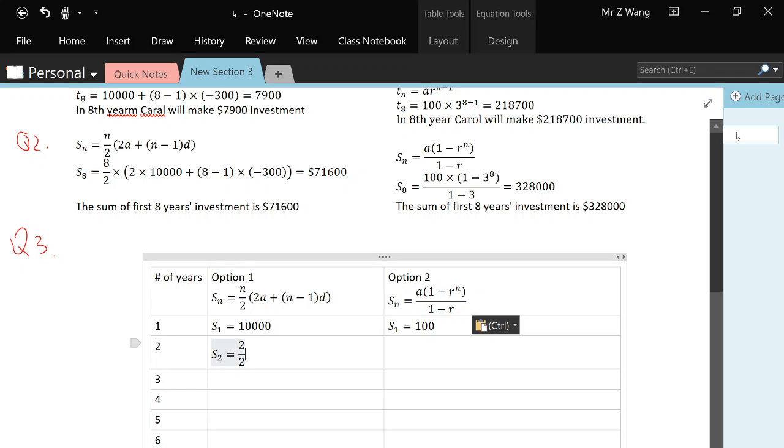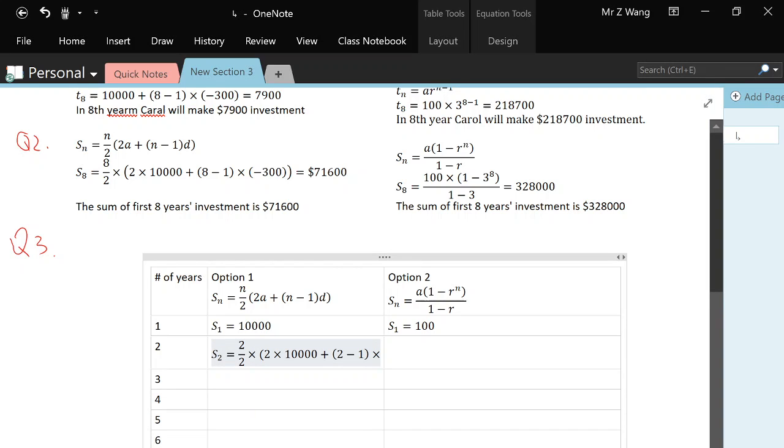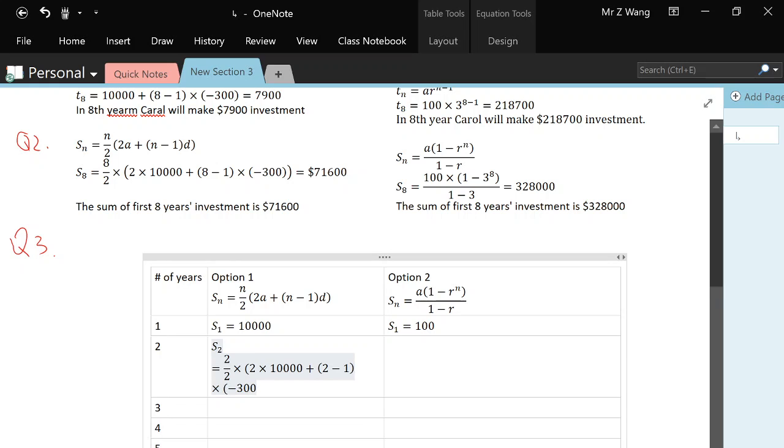Multiply by 2 times 10,000 plus 2 minus 1 times the difference, negative 300, equals.